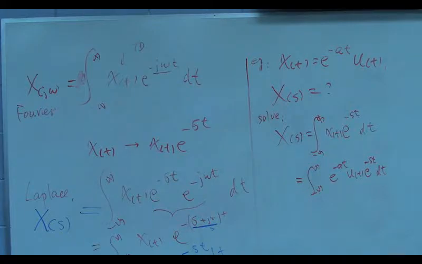Everything's good so far? Now we have this function times this function times this function. Just as a very beginning, we need to draw this and then multiply together. This u(t) only exists when t is greater than or equal to 0, right? So all the values for negative time will be equal to 0.